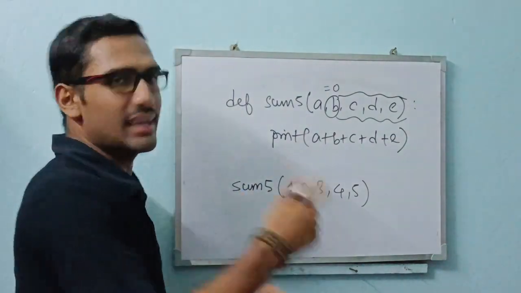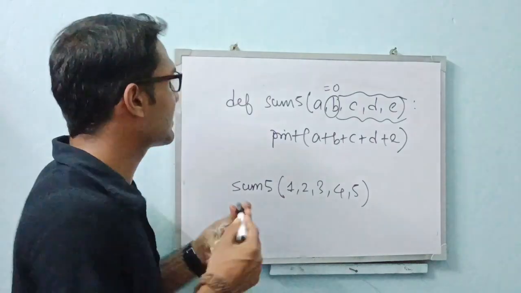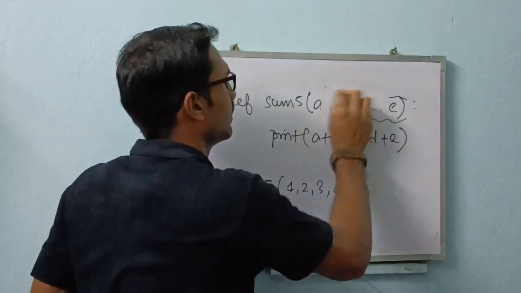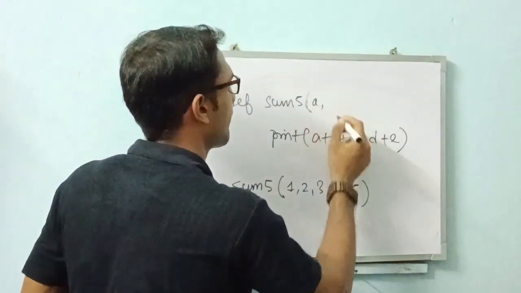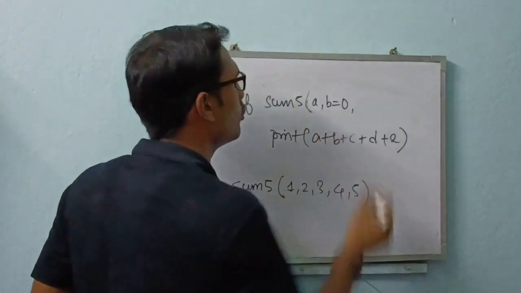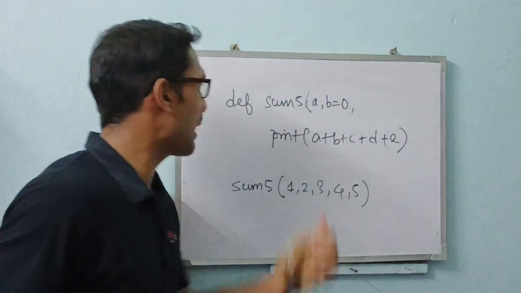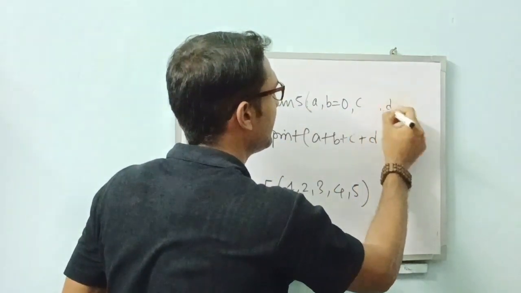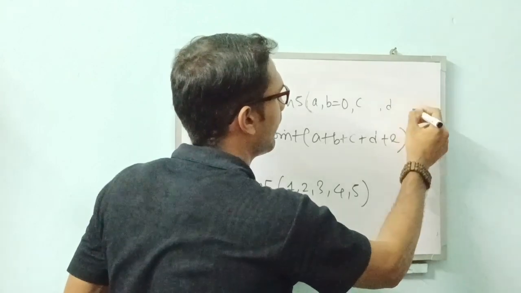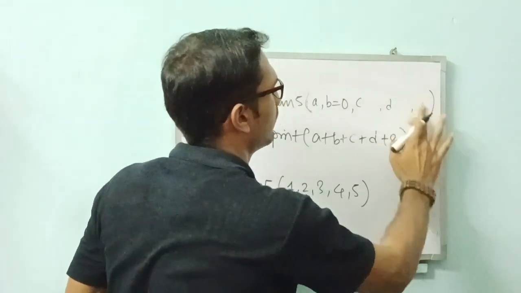So let's create it. Let's give a default value to the parameter b as 0. Now I have c, d, and e.